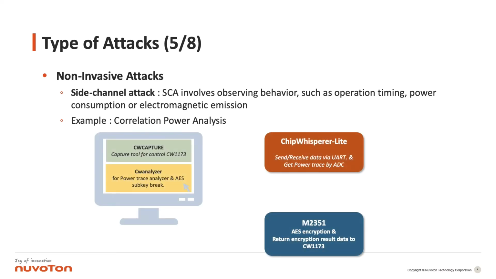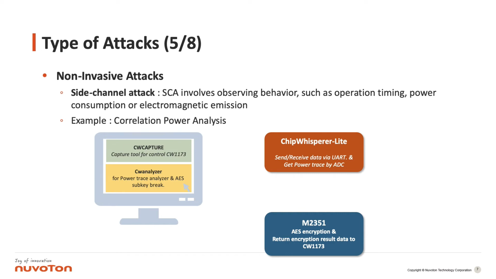This is an example of correlation power analysis, which uses ChipWhisperer-Lite to measure power consumption. The PC side runs the ChipWhisperer-Lite applications. One is a signal capture program, and the other is the power trace analysis program.